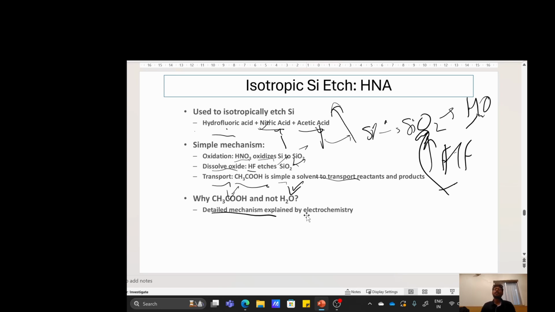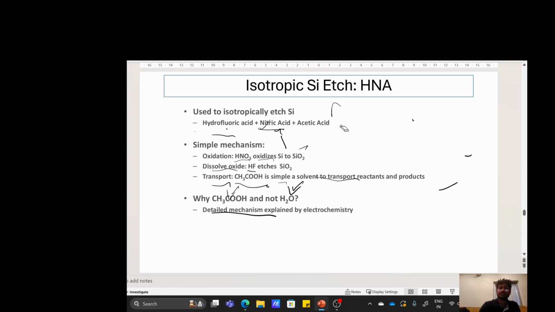Now the isotropic silicon etching. Isotropic means it is etching everywhere. So you can use hydrofluoric acid, nitric acid, and acetic acid for the silicon etching.